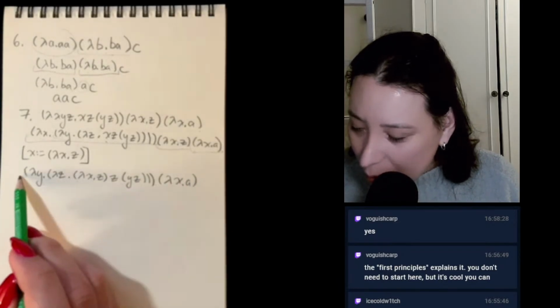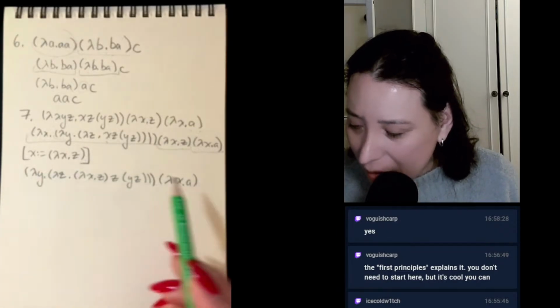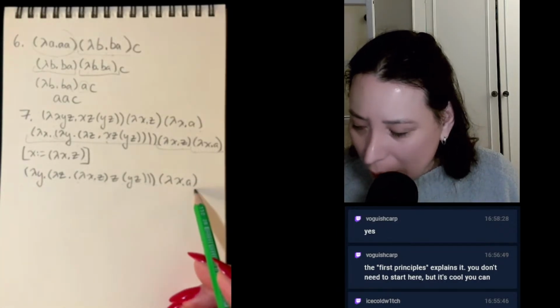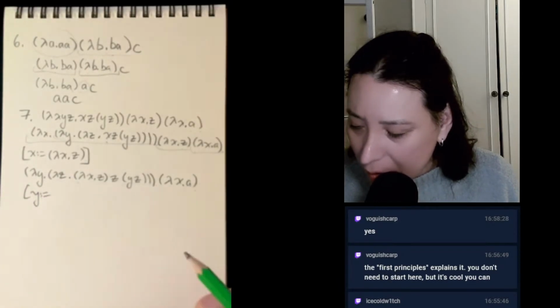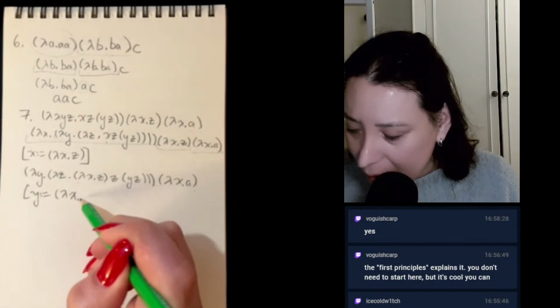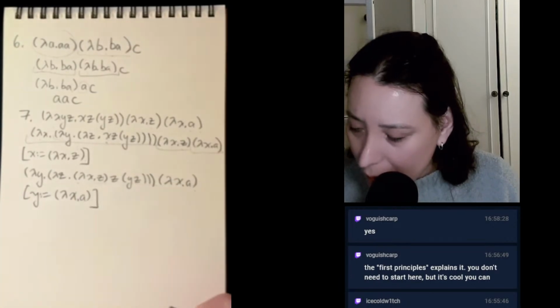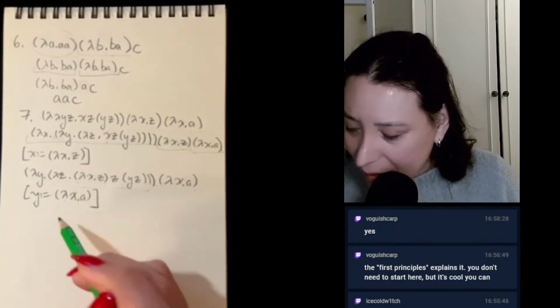Anyway, so we're going to take this function that takes y as a parameter, and we're going to substitute y with this. So here we go. Y is equal to x dot a. Now we're going to go and replace y in here with that.